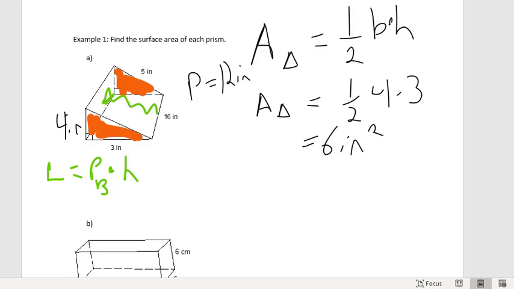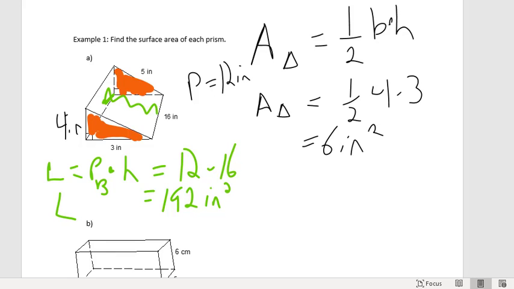So this is going to be 12 for the perimeter times 16. Twelve times 16, which is 192. Right, so that's our lateral area.